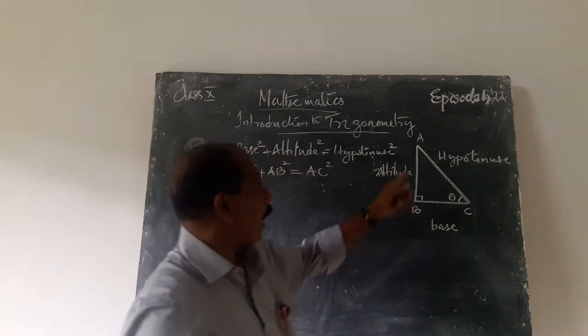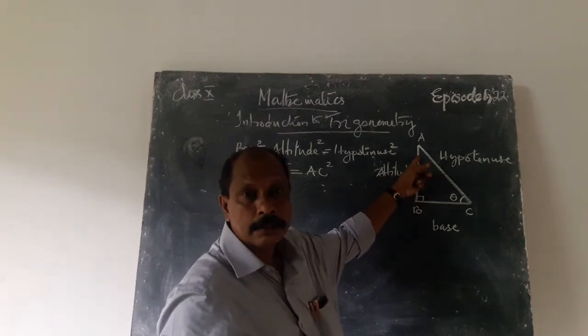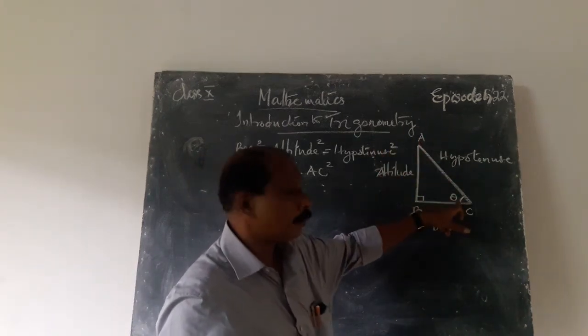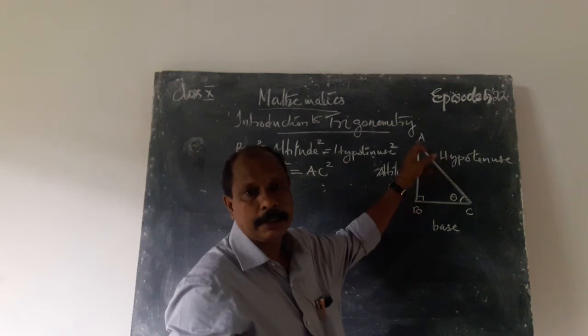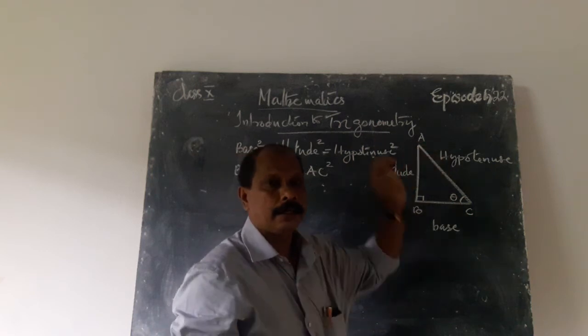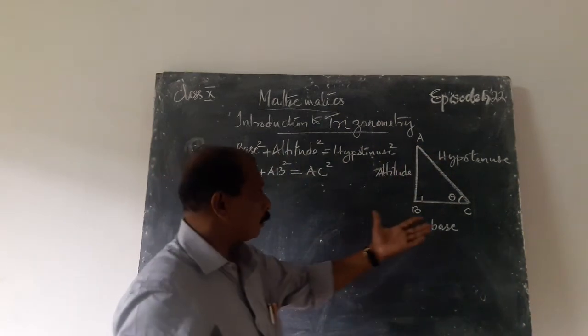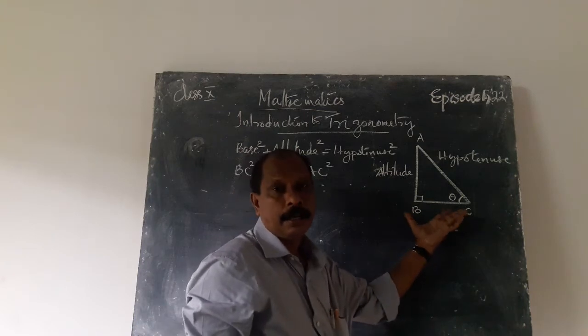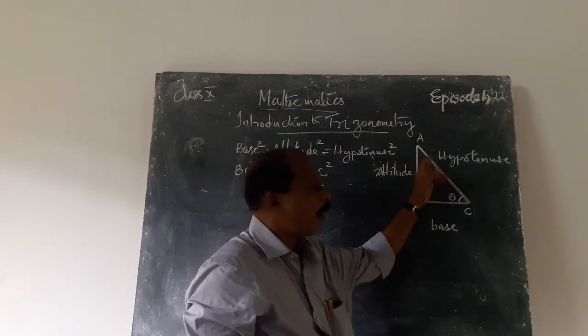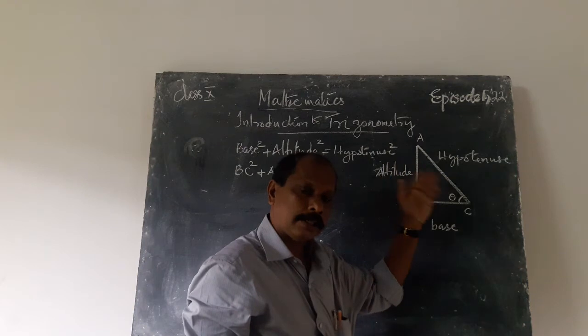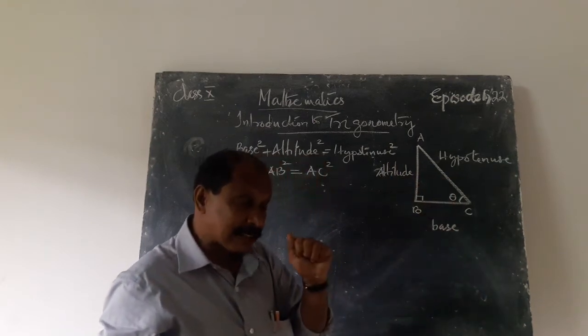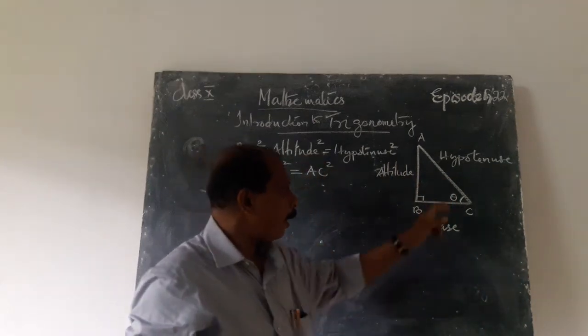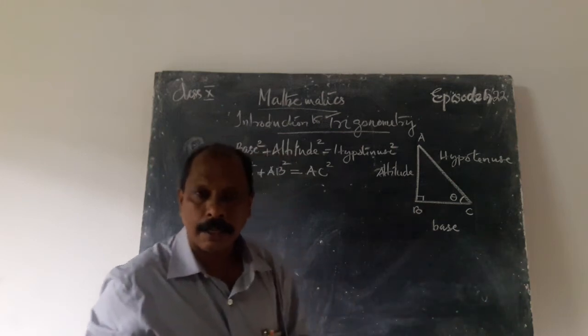Then the angle at A is what? 90 minus angle at C. That is 90 minus theta is angle at A. Then BC is base, AB is altitude, and AC is hypotenuse for the right angle triangle. But let us consider the angle at C is theta.